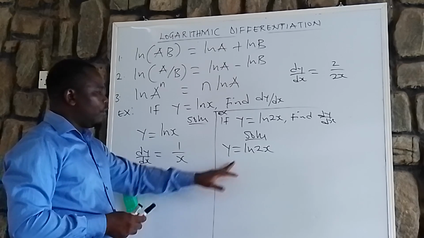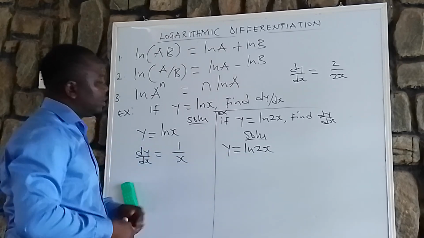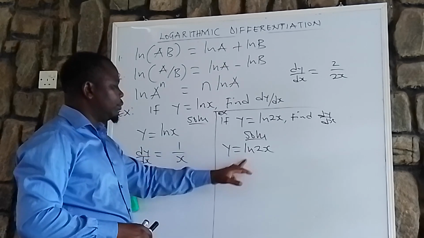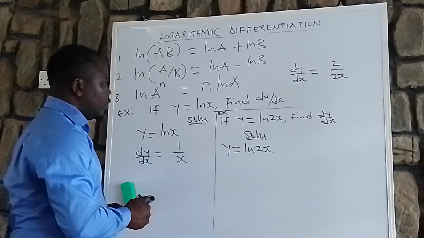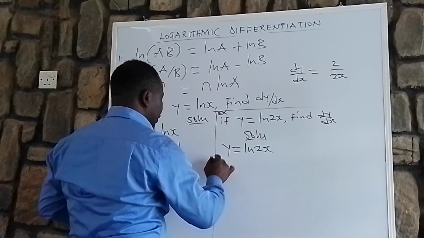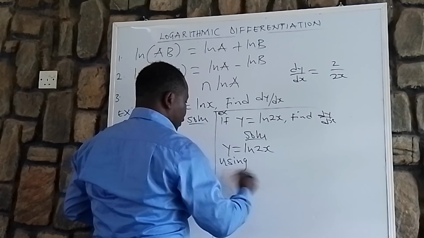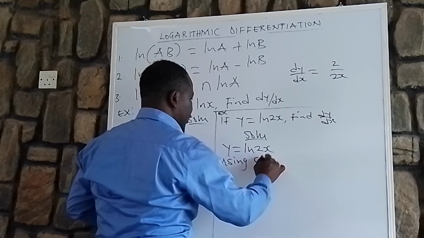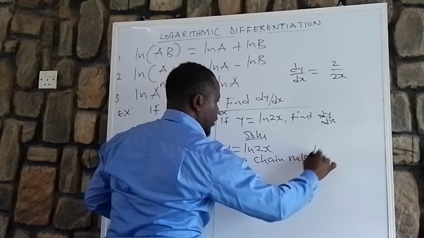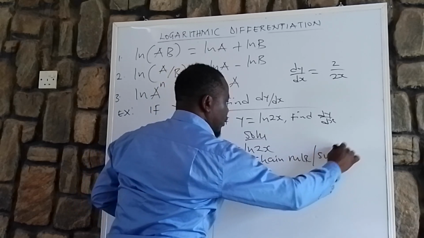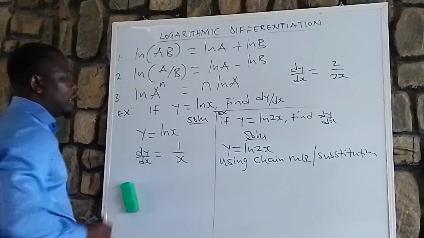So for you to differentiate ln 2x, we are going to use what is called the chain rule, or substitution. So we'll write using chain rule or substitution.